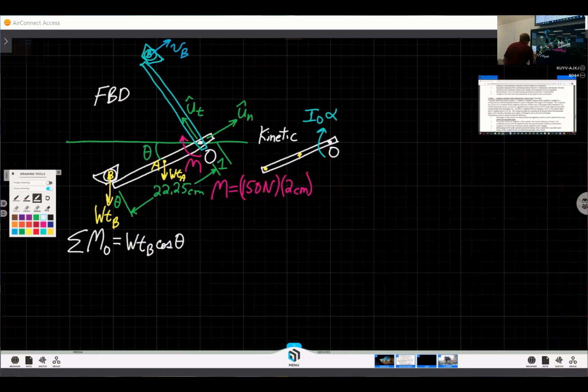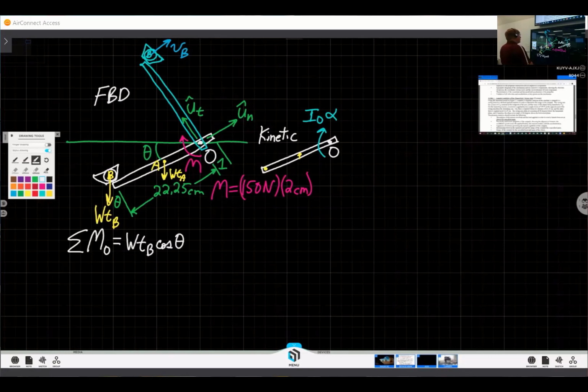I'm going to go ahead and think about what I would want to use for my positive or negative. If we use the right-hand sign convention when dealing with path coordinates, we have tangent and normal, and the tangent cross the normal creates a binormal. For this case, the way we have our tangent and normal defined, the binormal direction would be going into the board.